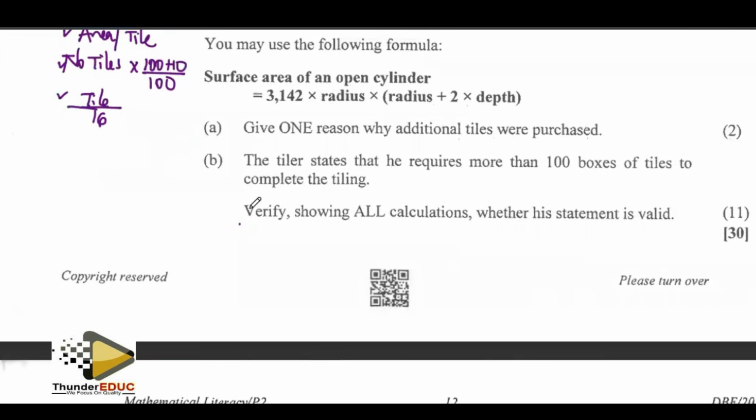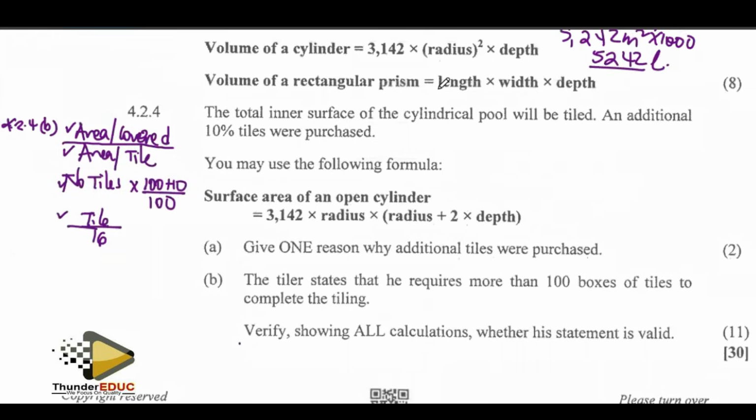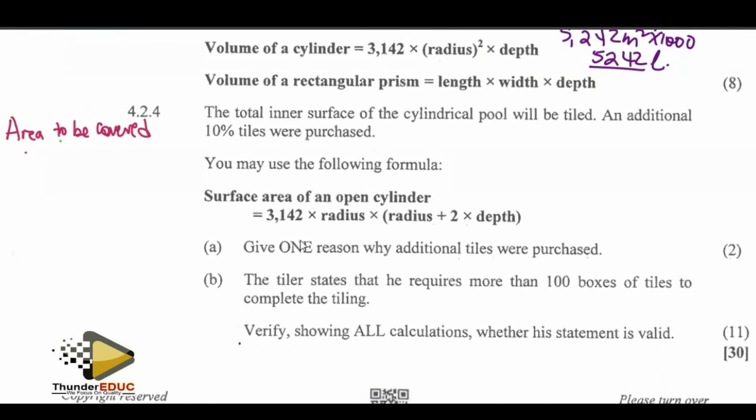I'll go through it again. Area to be covered. This is the area for the cylindrical swimming pool.